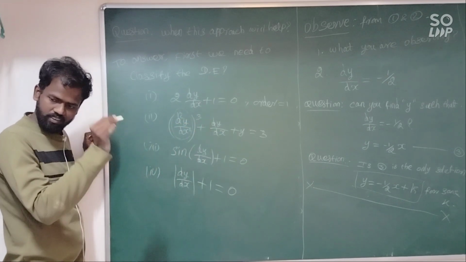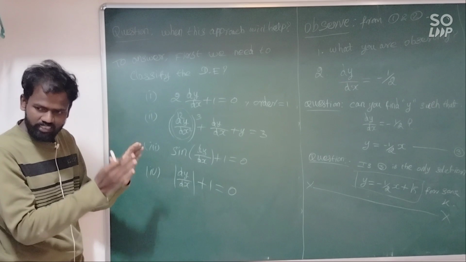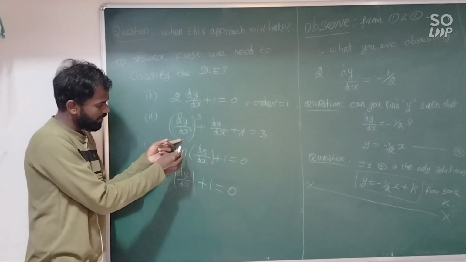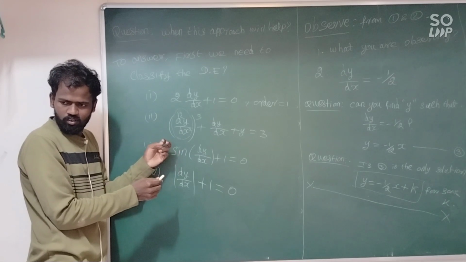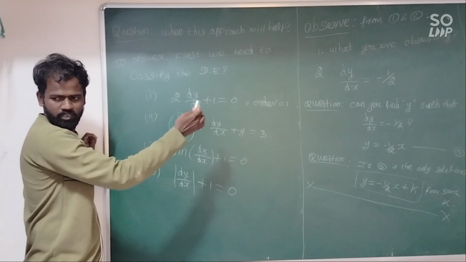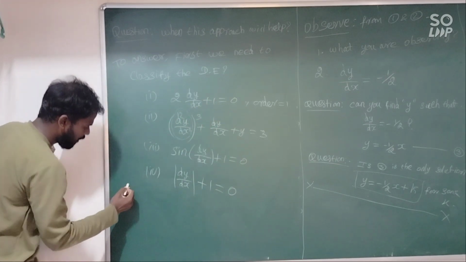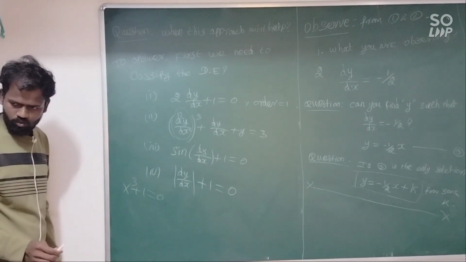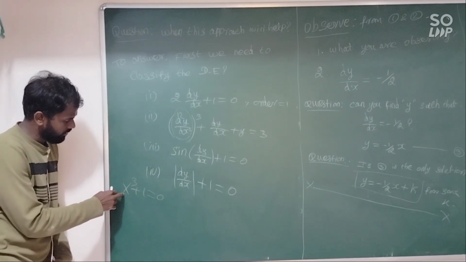So what is the definition of order? The highest derivative used in the equation. So the highest derivative used is what? See, you have something to the power cube. It doesn't mean that order is 3. For example, you have x cube plus 1 equal to 0. Here, what is x?